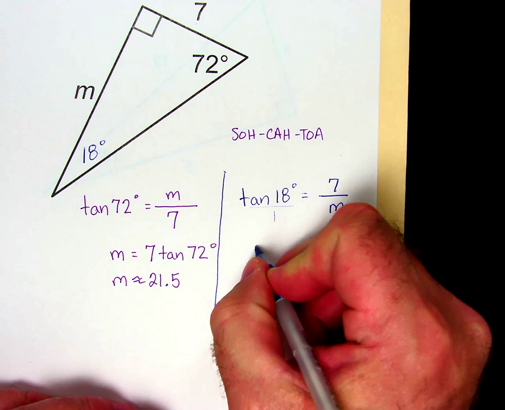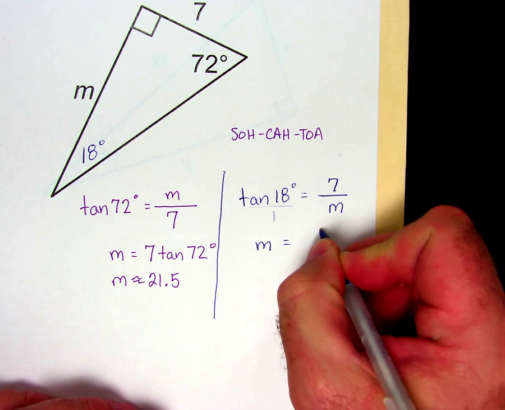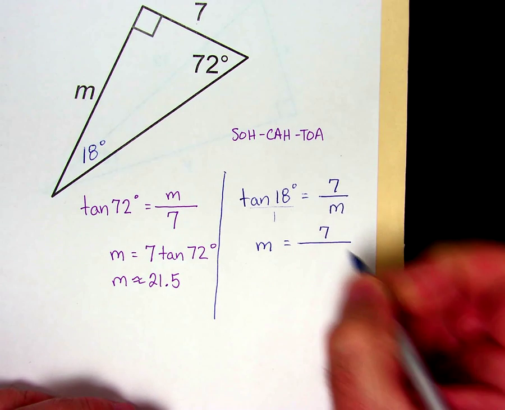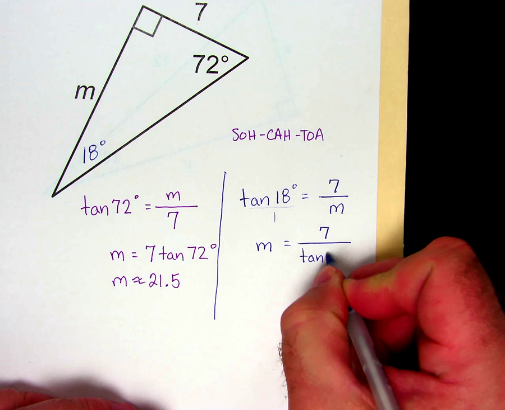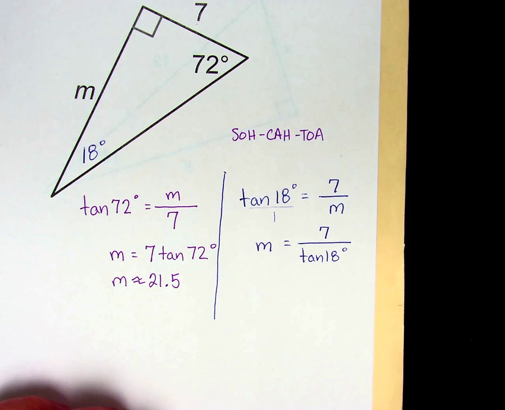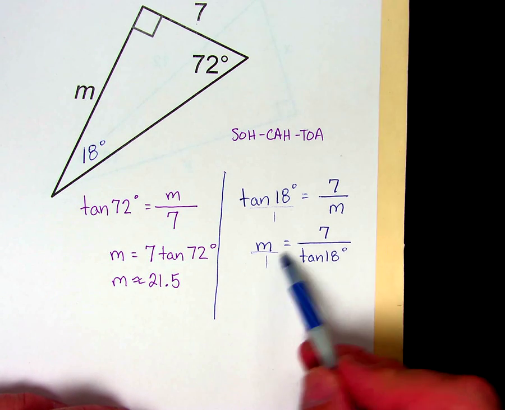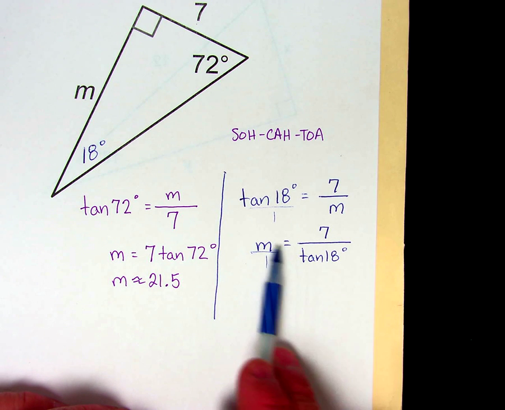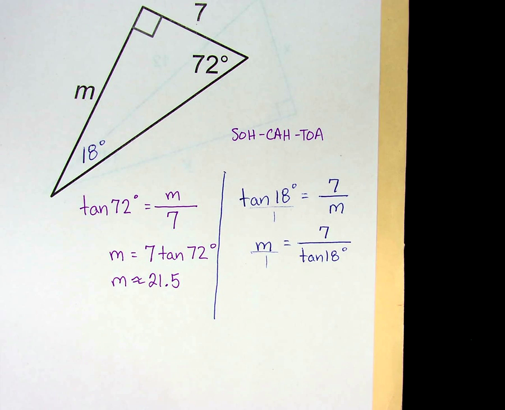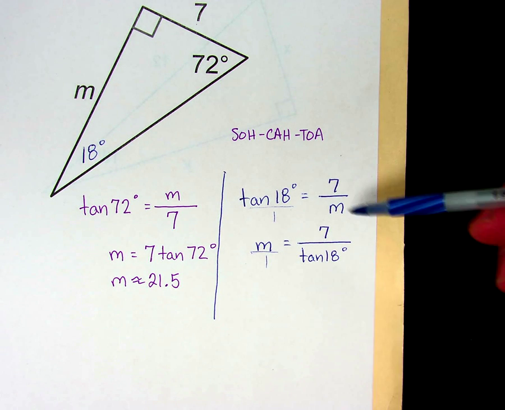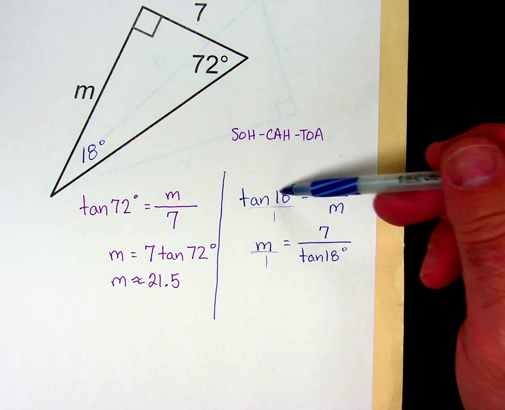So notice I could switch the tangent of 18 degrees with the m, and I still have that same cross product, right? 1 times 7, tangent of 18 degrees times m. So if ever our denominator has the variable, just switch it with the other numerator.